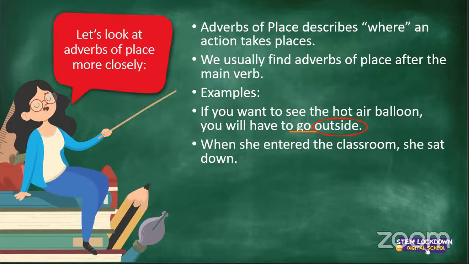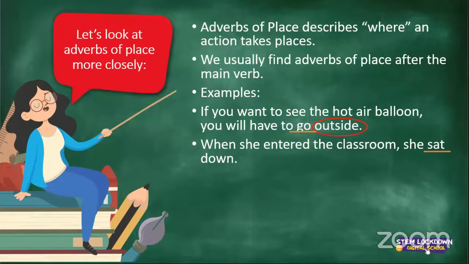She sat down. I quickly want you to type the verb for me. What is the verb in the second part of the sentence? She sat down. Good, that's an easy one. Entered is a verb, but that's the first part of the sentence. I want you to give me the verb of the second part. She sat down. Good.